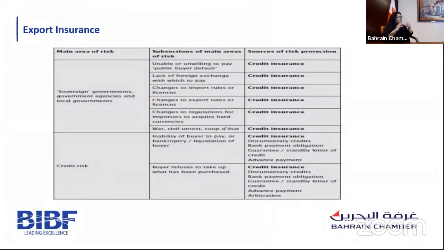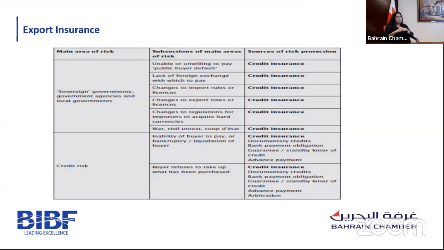So as I said, export insurance is very, very important. There are different types of insurance that you can take. In Bahrain, Export Bahrain is providing 90% protection; export credit insurance is available. There is commercial credit insurance, and there is sovereign insurance also.